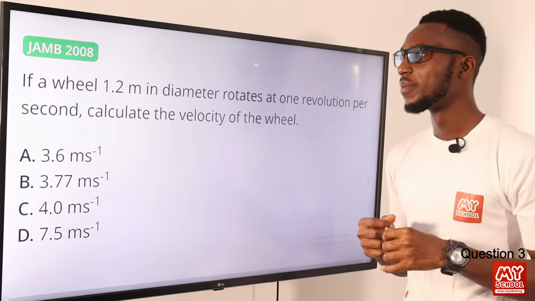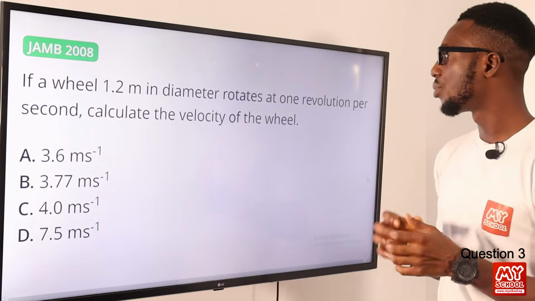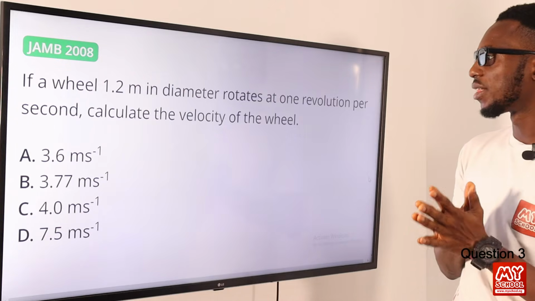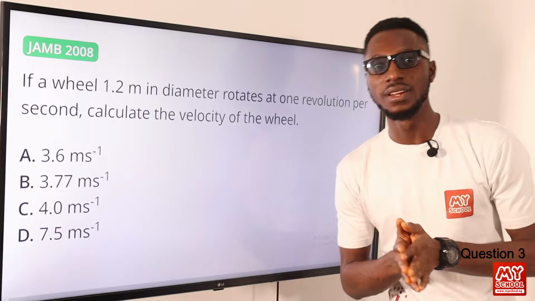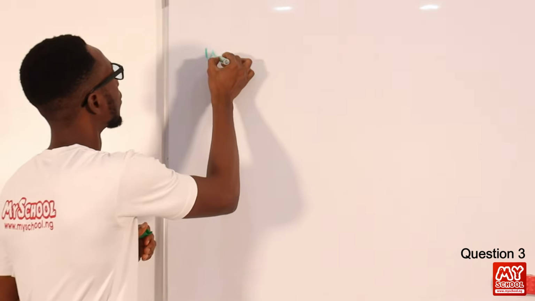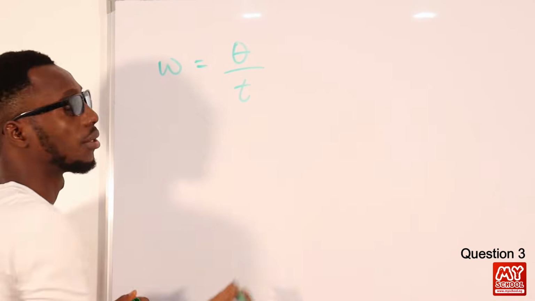Question 3. If a wheel 1.2 meter in diameter rotates at 1 revolution per second, calculate the velocity of the wheel. All right, very easy. So recall that angular velocity equals the angle over time taken.